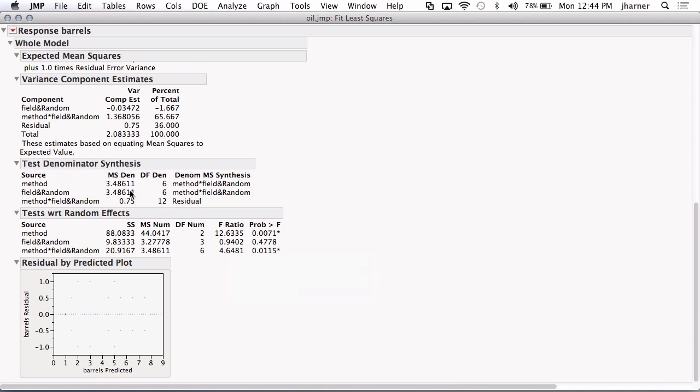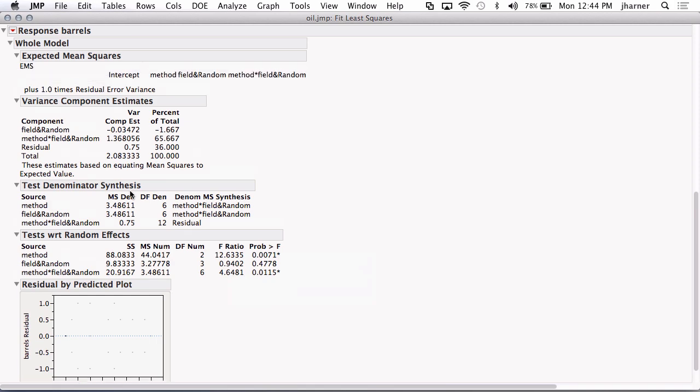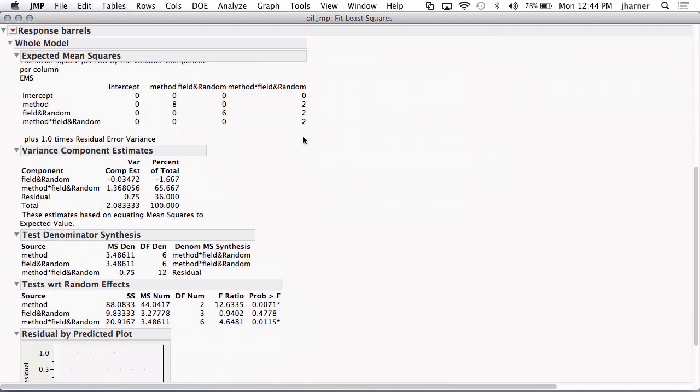The reason that's important is because if you have an unbalanced design, you don't get these nice coefficients here. What you try to do is synthesize a correct term in the bottom to do your testing. But you don't get these nice 6s and 2s if you have unbalanced designs. In other words, if it's unbalanced, instead of getting a 222, you get something different than that.